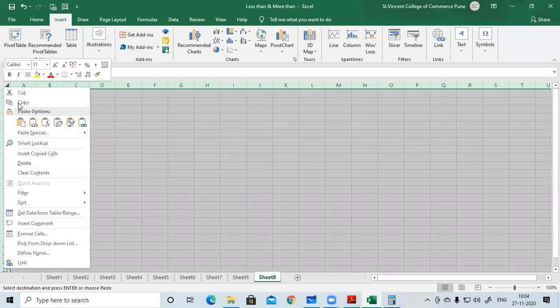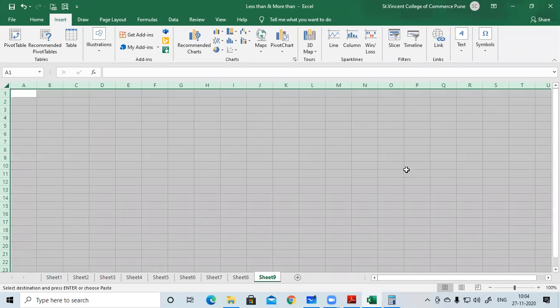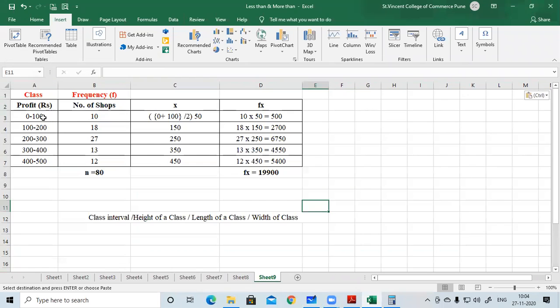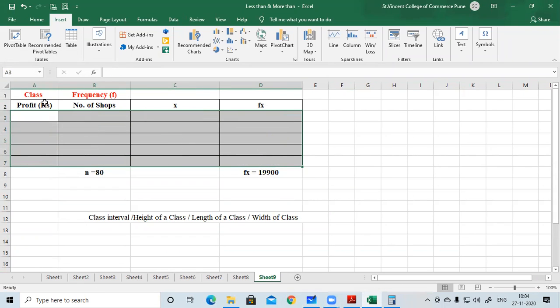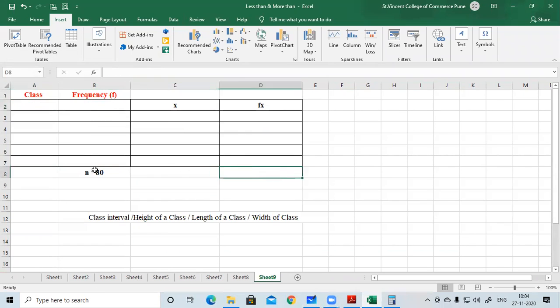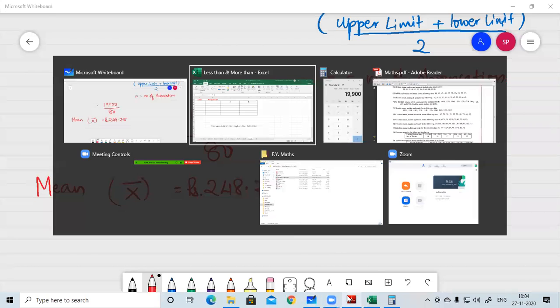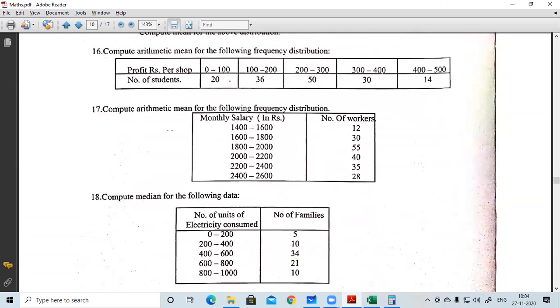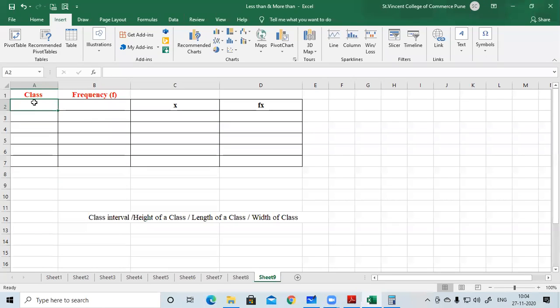Okay, let's do another sum. Right? Yes, sir. Let's take the next sum, which is monthly salary in rupees. So now our classification title is monthly salary.